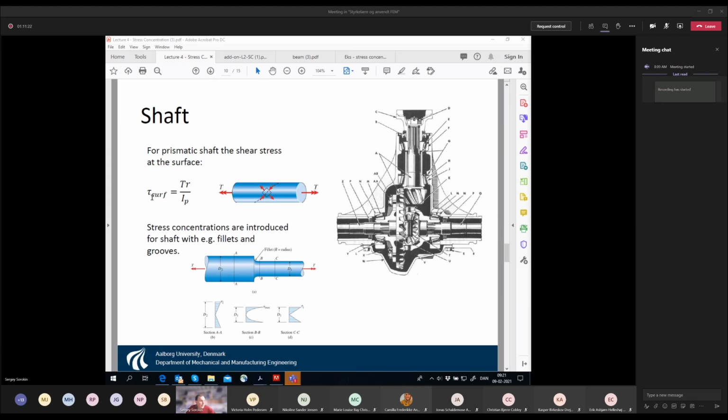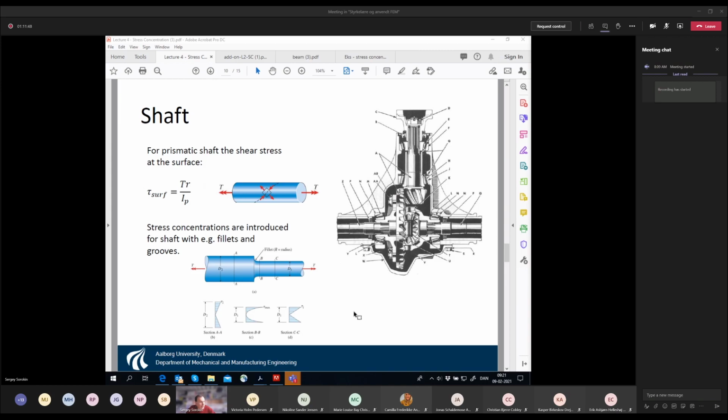So now if we are sitting at the surface, then this small r is just the radius of the shaft. And if we take this thicker diameter, then we have this distribution of shear stresses. They are maximum at the surface and they are zero at the axis.